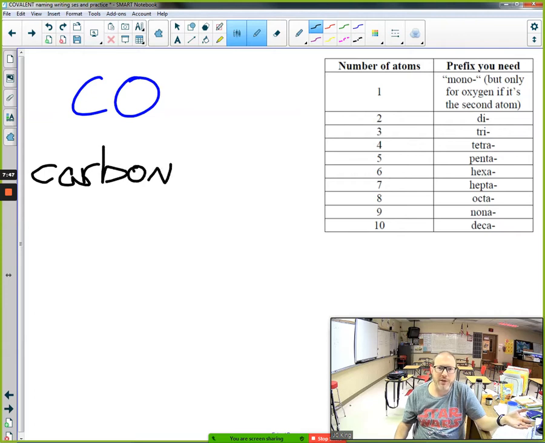Now I've got one oxygen, so I'm going to use the prefix mono for the second atom, so it's going to be carbon mono. Now I could say monooxide, but that's awkward, so usually it's just shortened down to monoxide. And again, for oxygen, I'm dropping the end and I'm ending it with "ide."